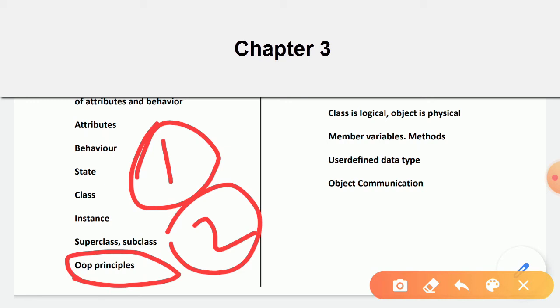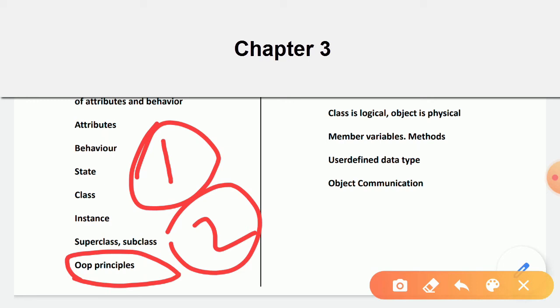Now in terms of programming in Java, a class consists of two things. One is attributes, that is variables, and the second thing is behavior, the functions. So functions and variables are encapsulated within a class. This is known as encapsulation.